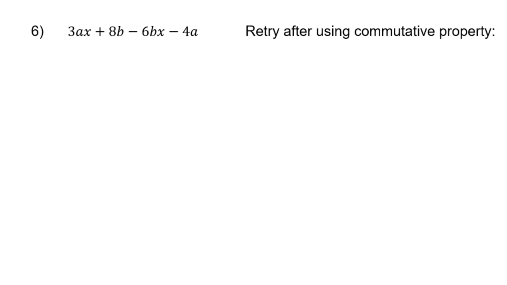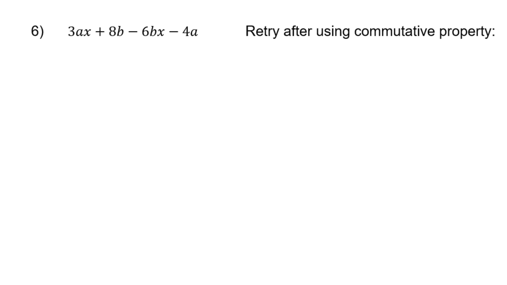This question is an interesting case. So if we look at number 6, first check for an overall GCF, and there isn't one. So 3, 8, 6, and 4 don't have a common factor. A is not in all of the terms, B isn't in all of the terms, and X is not in all terms.